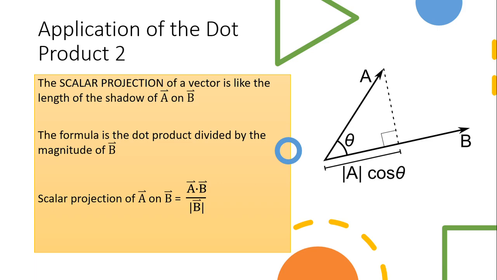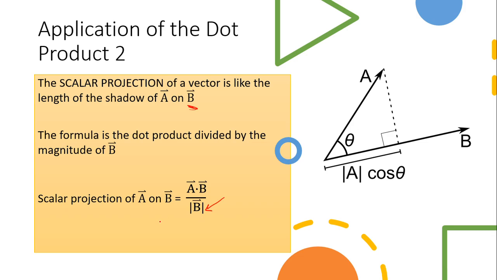So talking about scalar projections, and this is a bit physicky. When you do a scalar projection, it's like the shadow. So it's the length of this, the magnitude of this piece when you have a shadow of A onto B. And the important thing about the scalars is to notice the wording. Shadow of A on B. So on B, so whatever it's onto is the value that goes below there.